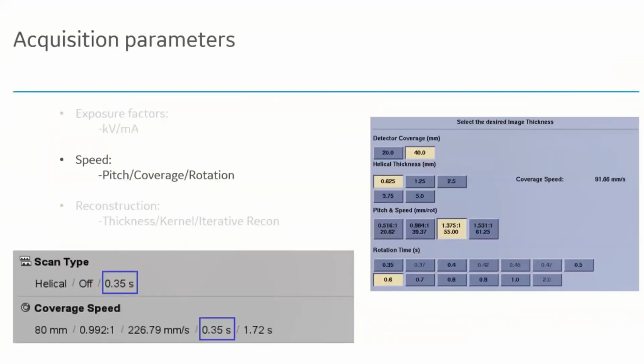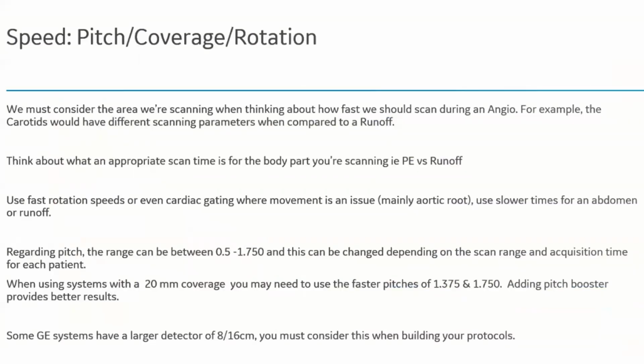Next, we're going to discuss how fast we can scan our patients, and talk in detail about pitch, coverage and rotation time. When making your protocols, it's always important to consider your area of interest and what are appropriate scanning parameters for that area.